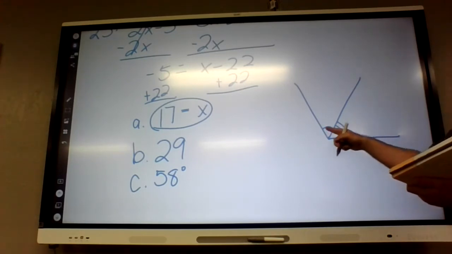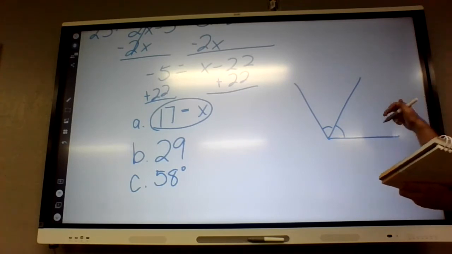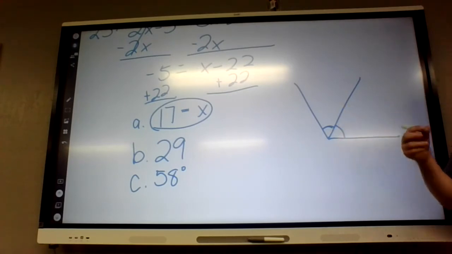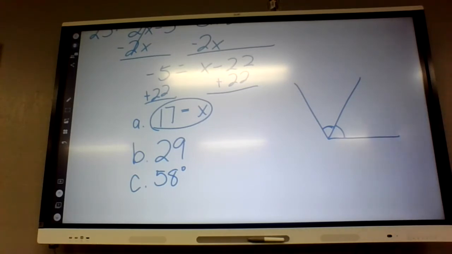If one of them had two arcs, these would not be equal. So ray BD is bisecting angle ABC. It's very similar to 25. The only difference is C is asking for that middle angle. What do we know about all three of those angles together? They have to add up to 180. So that's how you figure out C.